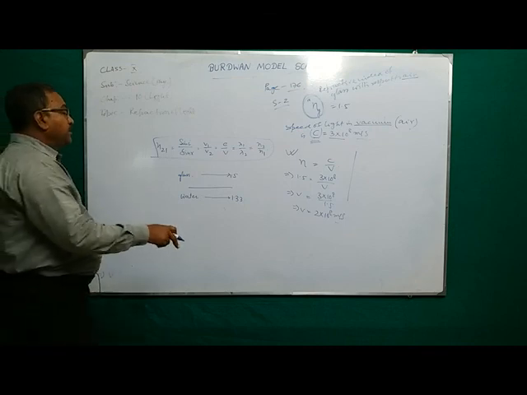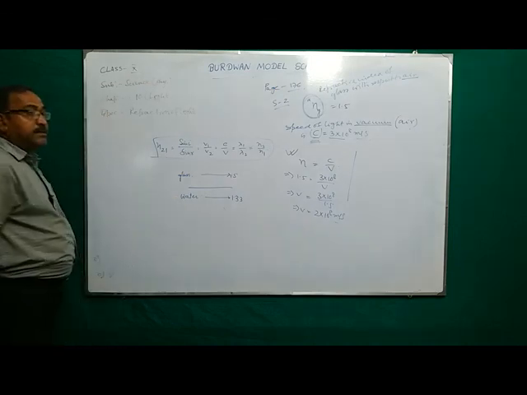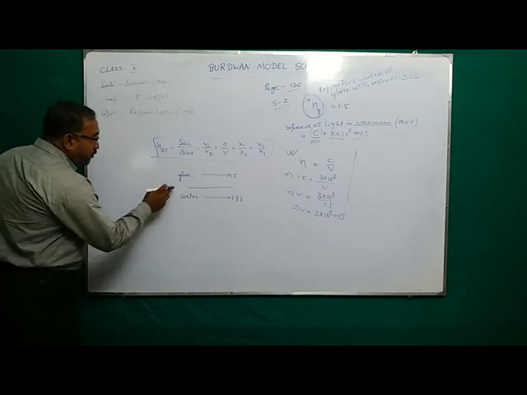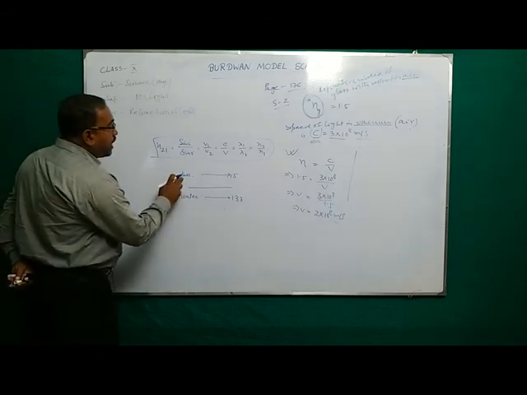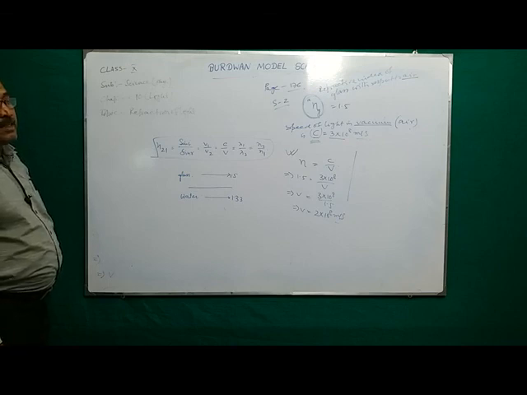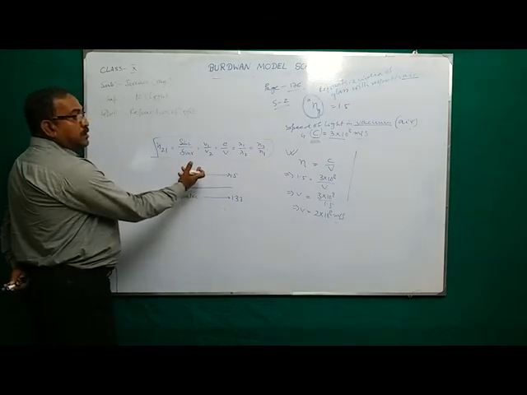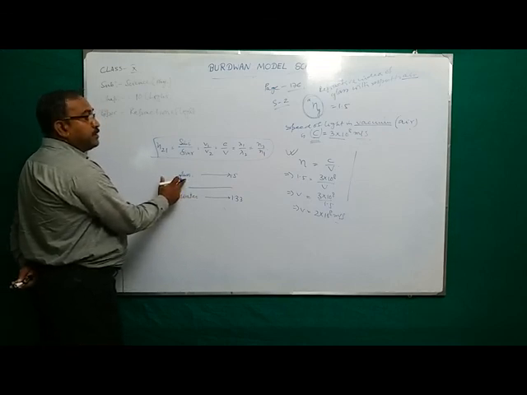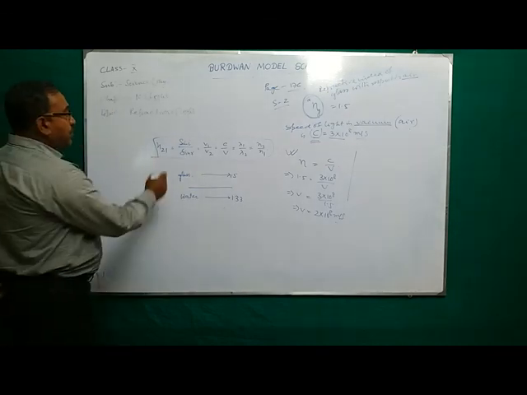So if you see the refractive index of glass is this and the refractive index of water is that, you can find out the refractive index of water with respect to glass, or the refractive index of glass with respect to water. Am I clear? So that time you apply this formula. This is the n2, that is the n1. So you apply this formula.